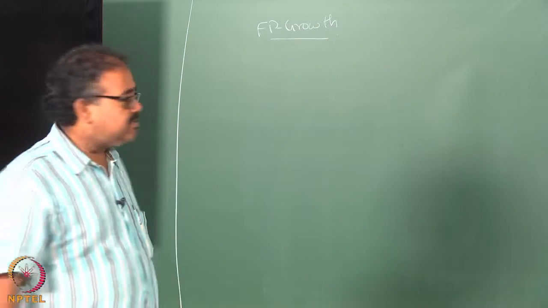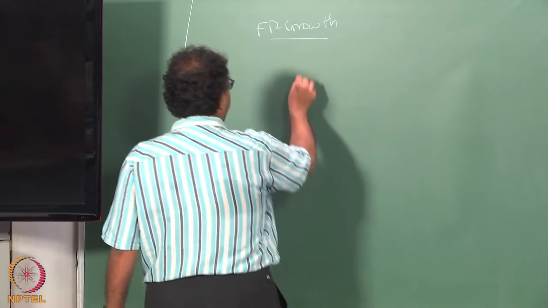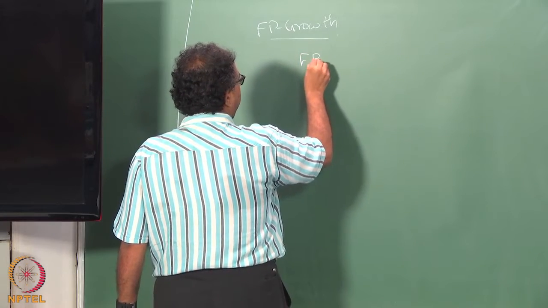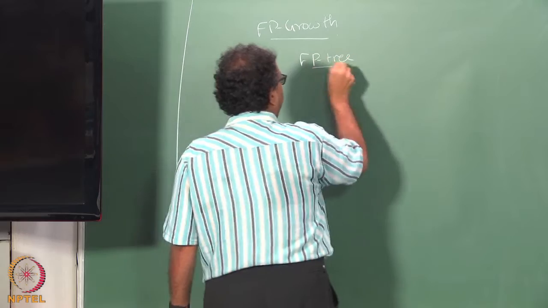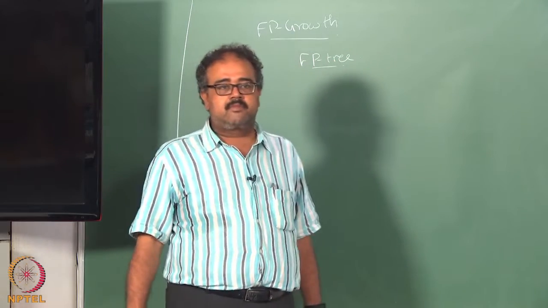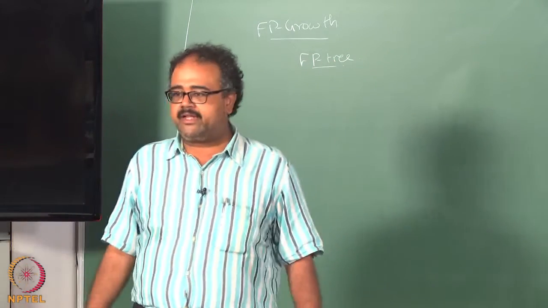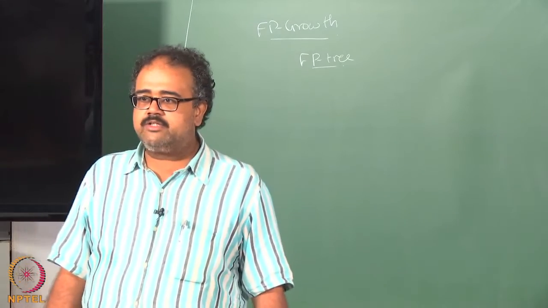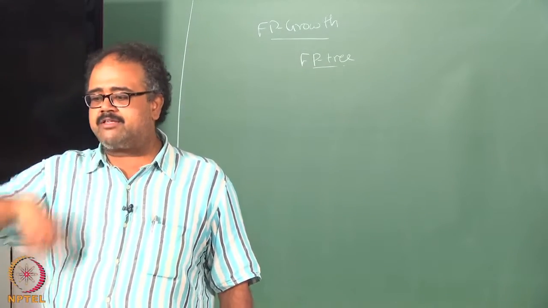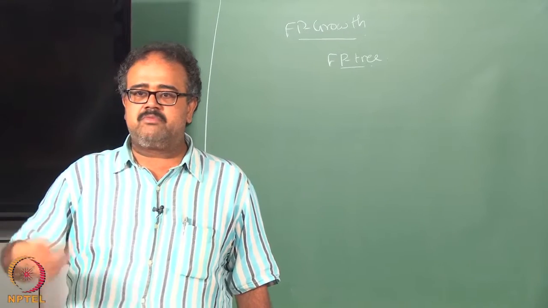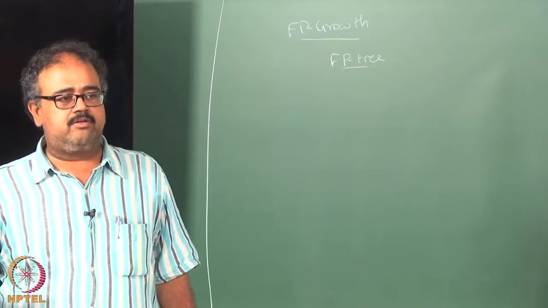How does it accomplish this? It accomplishes this by creating a data structure called the FP tree. Once you have created the FP tree, you make many passes over it, but it is a somewhat compact tree.